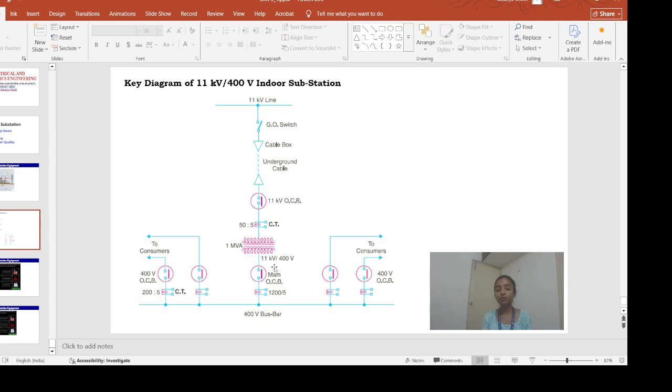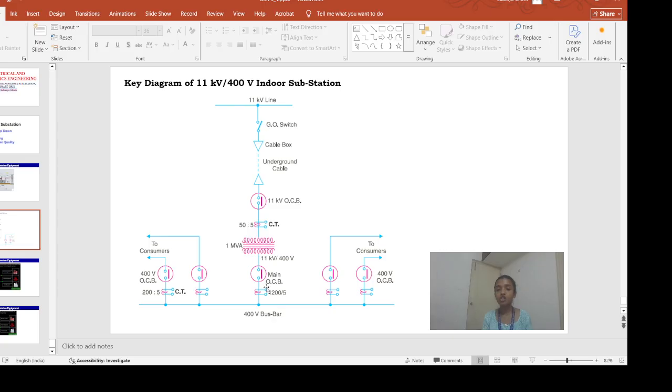Now if you notice, the output of the step down transformer is 400 volt. Then why is this current rating 1200 by 5? See, when the voltage is low at the secondary of the transformer, obviously the current will be high. So for that we need to use a high ratio current transformer.